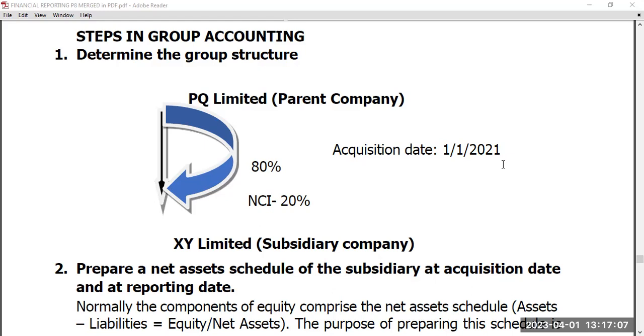The reason why we look at that acquisition date is because we want to determine the post-acquisition earnings that will be earned. If the company has acquired, say, 80% in another company, we look at the period from the date the shares were acquired, which is what we call the acquisition date, up to when the financial year or reporting period ends.